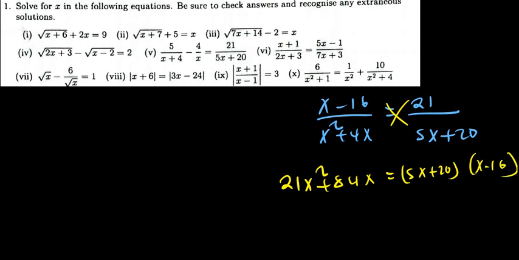Now the remaining part is just to expand this. So I'll keep on writing this as 21x squared plus 84x is equal to, so I'm going to say 5x times x is going to give me 5x squared. Then 5x times negative 16, what are we getting?